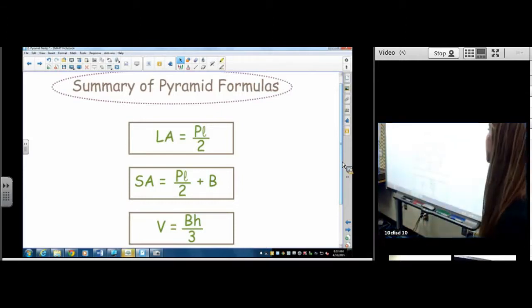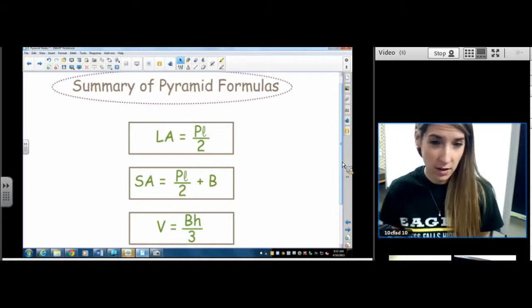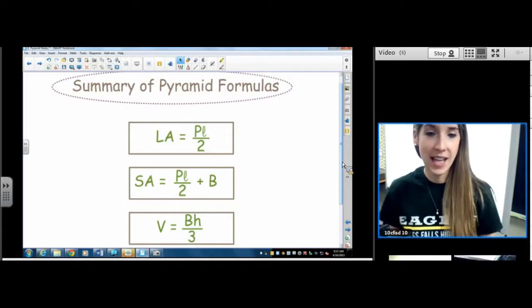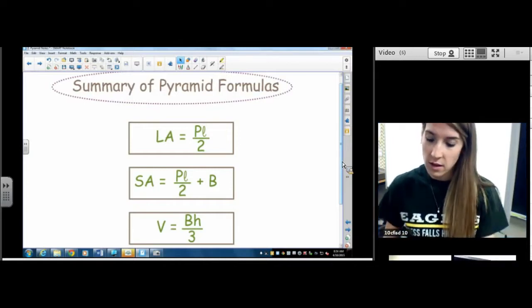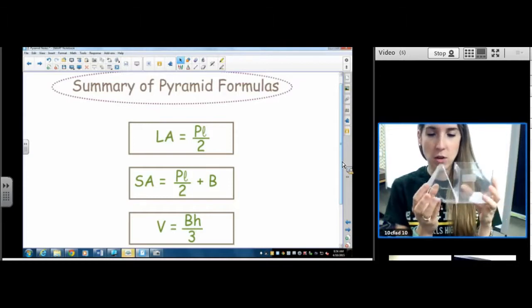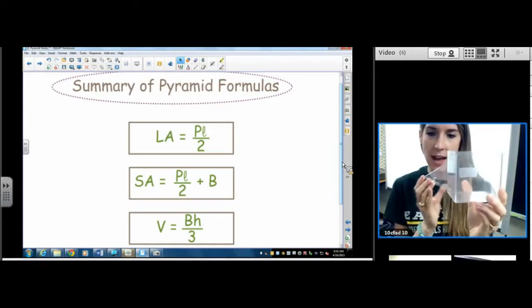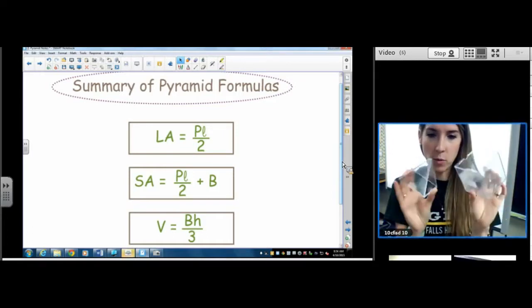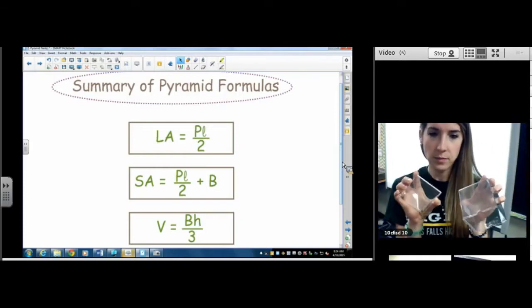LA, PL divided by 2. So P is the perimeter, so it's the perimeter times the slant height divided by 2. We're dividing by 2, it's kind of a long story, but we're dividing by 2 because a pyramid is not going to have the same amount of surface area as a prism. The prism has more to cover than the pyramid because the pyramid comes to a point.